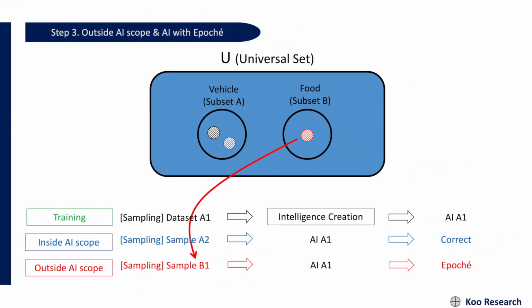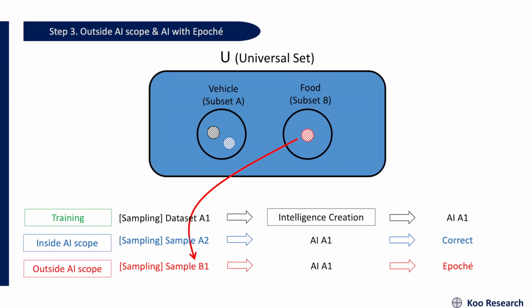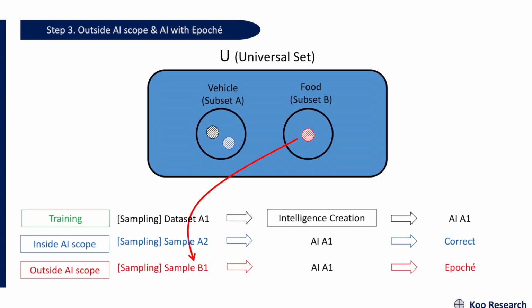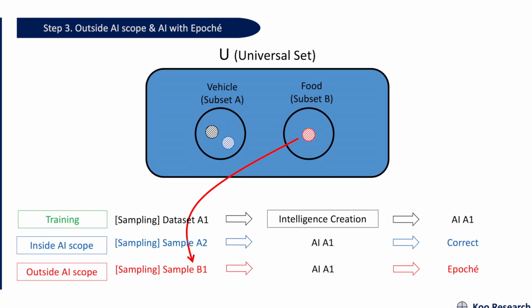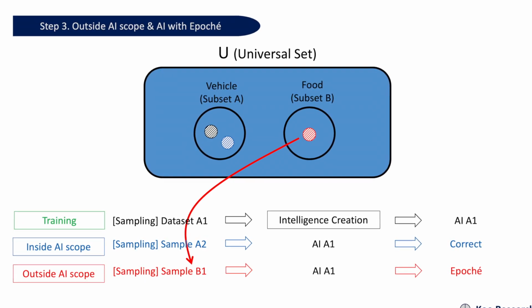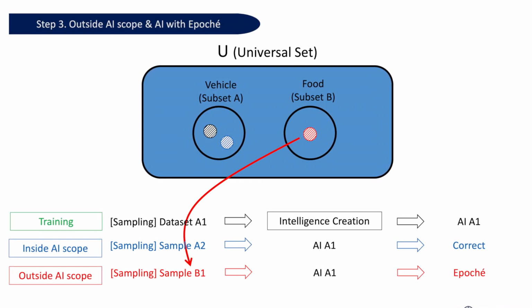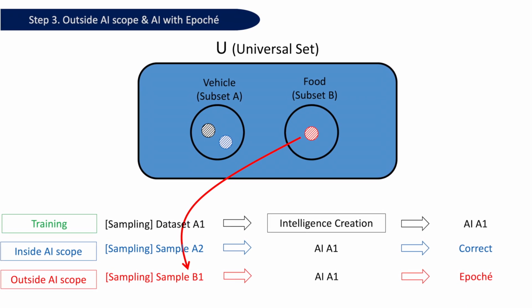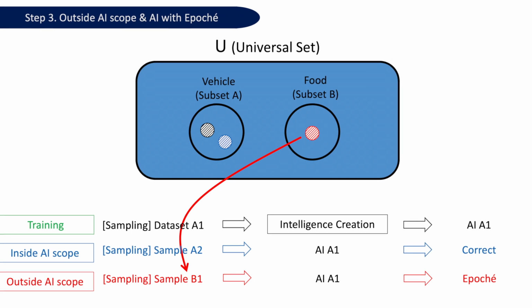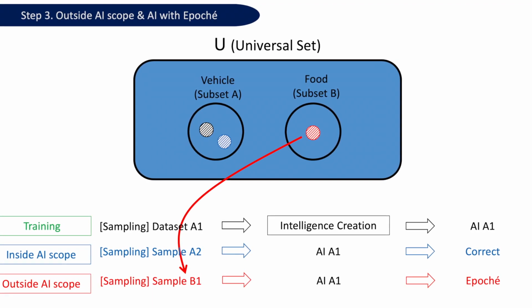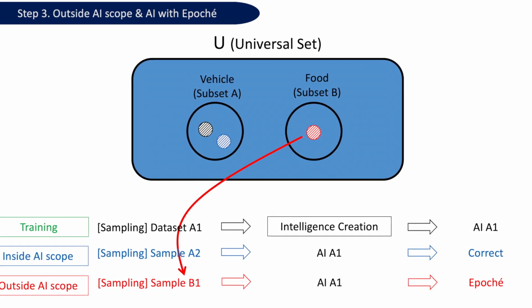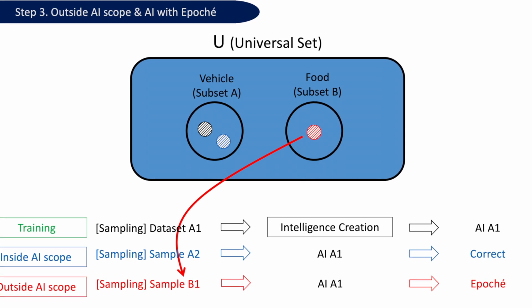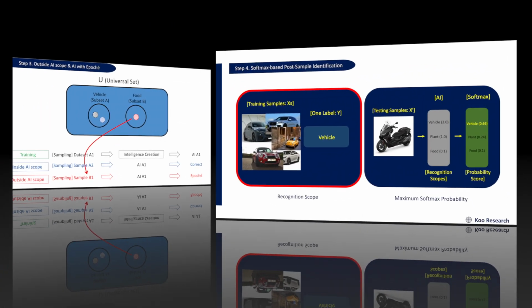Therefore, defining the outside AI scope and detecting samples outside AI scope are crucial for accurate AI recognition. My study concentrates on metacognition AI identifying such instances that fall outside AI scope. This prevents misrecognition, such as sample B1, through epoch, halt judgment, and integrates them into future retraining efforts.